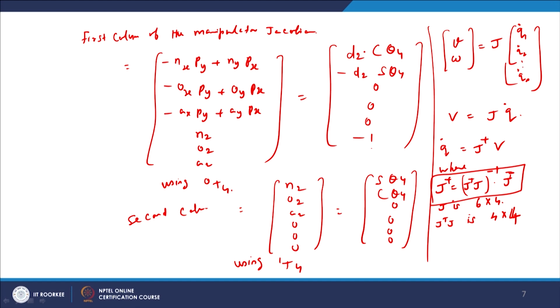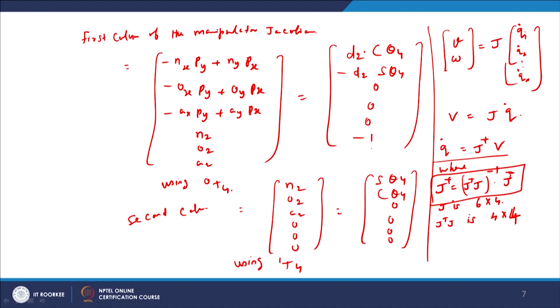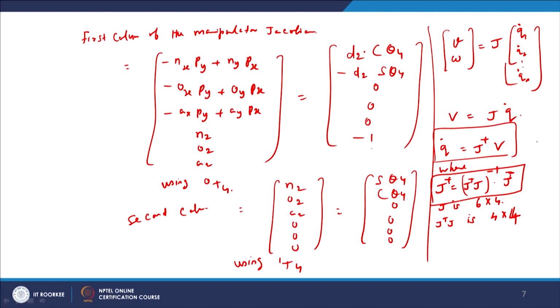So, we can calculate the q dot value using this particular formula. If the end effector velocity v is given with respect to the end effector frame, then how much velocity of the actuators to be given at each joint is calculated by this particular formula.